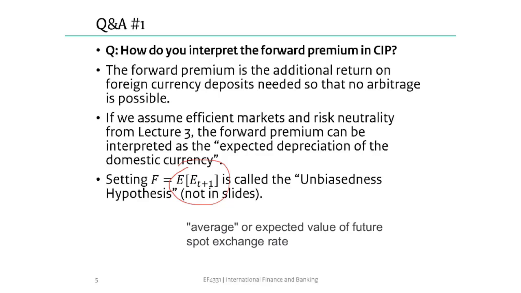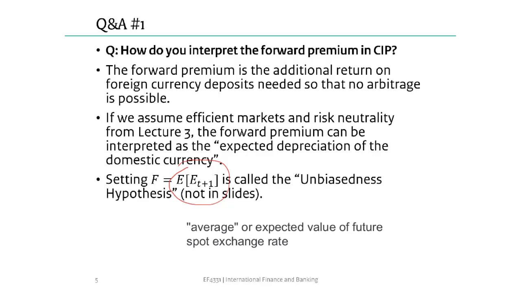It's in the next Q&A question. But for now, to answer this question, just think of the forward premium as an expectation about the future spot exchange rate. There is a term to characterize that intuition called the unbiasedness hypothesis. This is not mentioned in your textbook, I think. But if you Google this or Wikipedia this, or even in your CFA practice textbook, they have some mention of this.